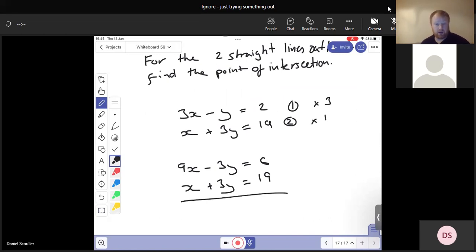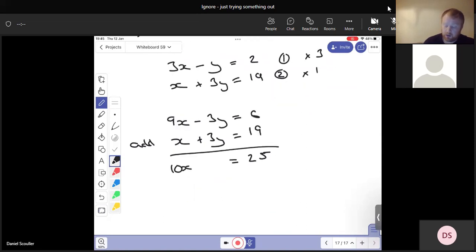Adding those terms together, we're going to get 10x. We've got negative 3y plus 3y, that's going to eliminate them. Then I'm going to get 25.